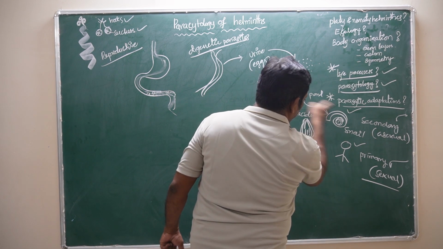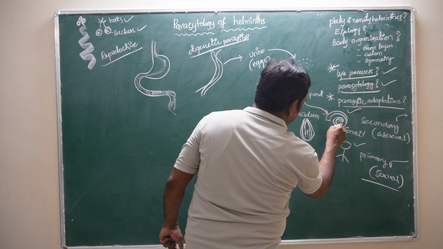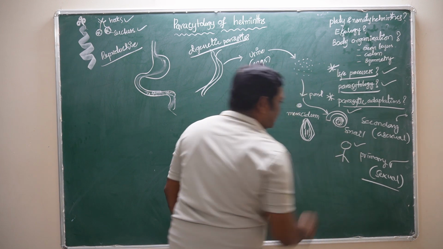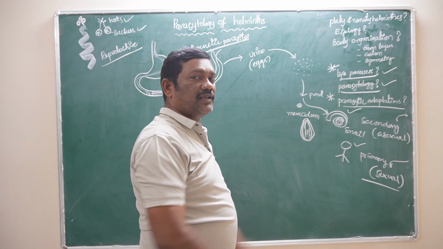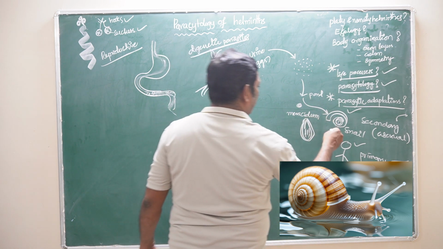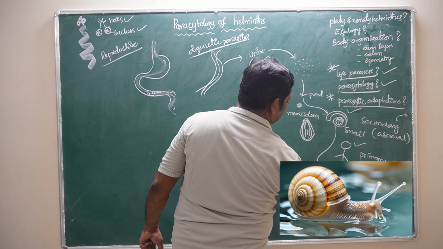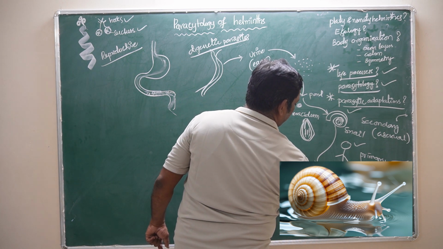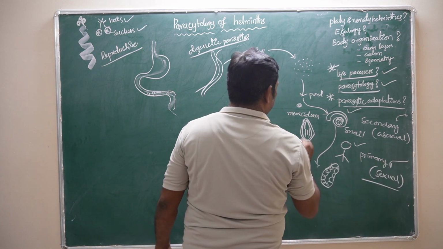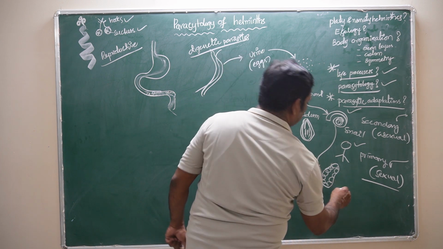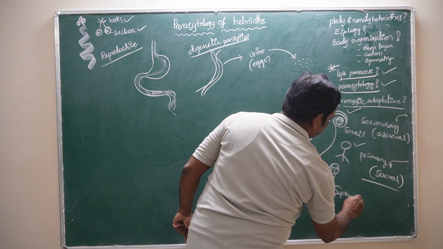This miracidium larva enters into the snail body if the snail is available. In this snail body, it develops into a sporocyst, another larva. This is one larva, and this is another larva, the sporocyst.